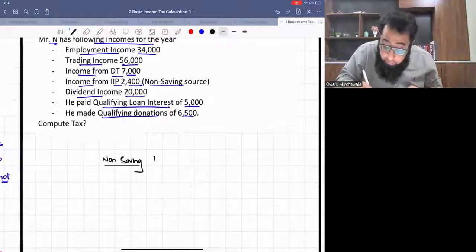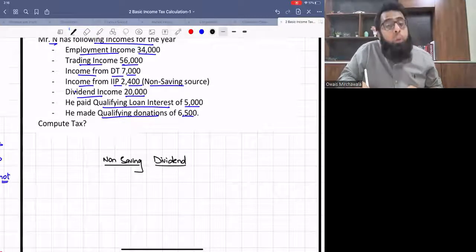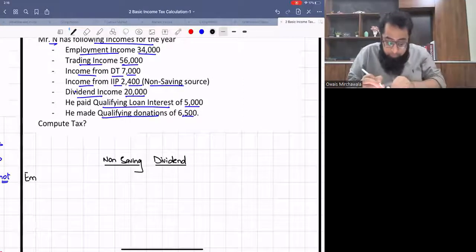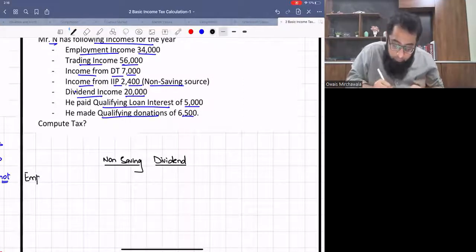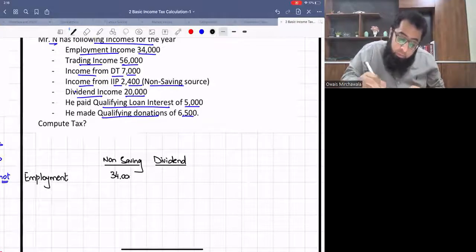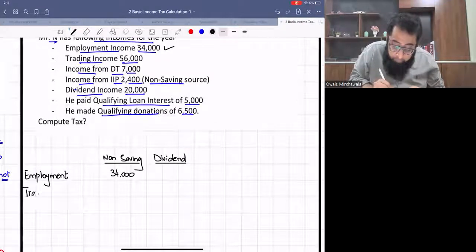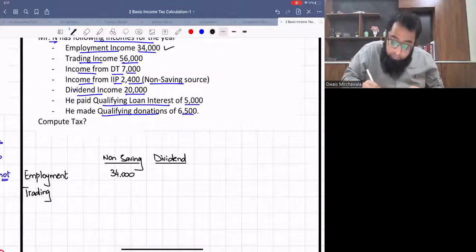So one income head is non-saving and the other one is dividend. I want you all to concentrate on it. Employment income, how much? The employment income is 34,000, goes in non-saving. Then there is trading income, 56,000, goes in non-saving.